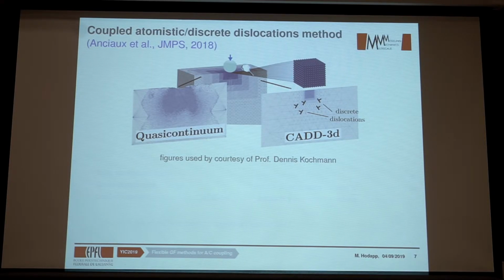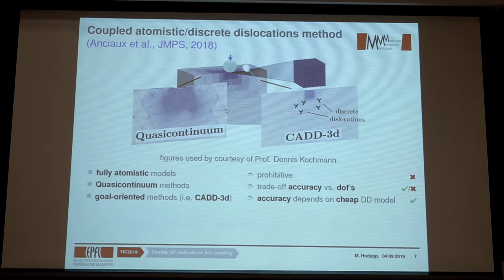Another approach is a more goal-oriented approach, which is shown on the right side. You can just keep the initial atomistic domain fixed, and you can couple that region with a discrete dislocation mechanics model. What that means is when your atomistic dislocation comes to the interface, it just becomes a discrete dislocation.